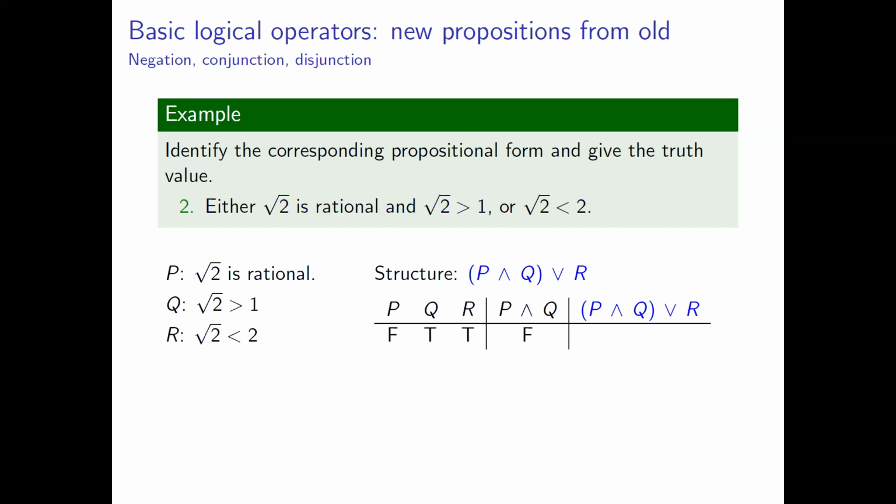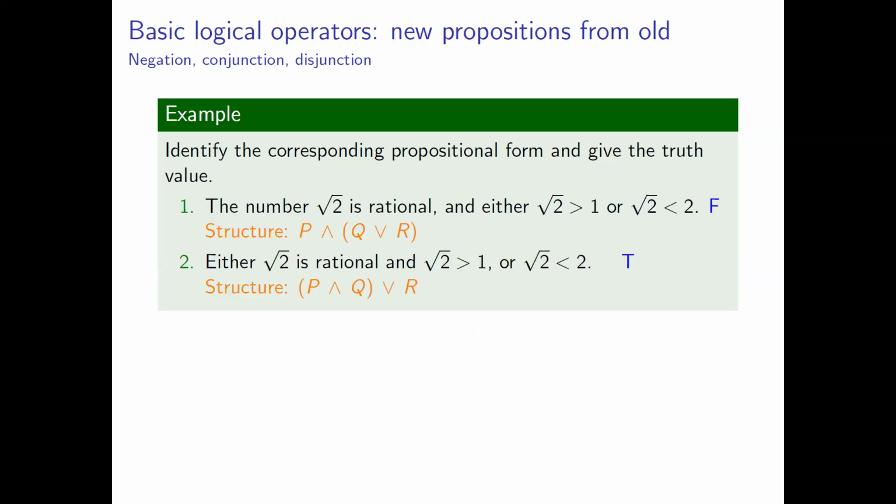So the statement P and Q is false since P is false, and the statement either the conjunction P and Q or R is true since R is true. Therefore, the given sentence is true.